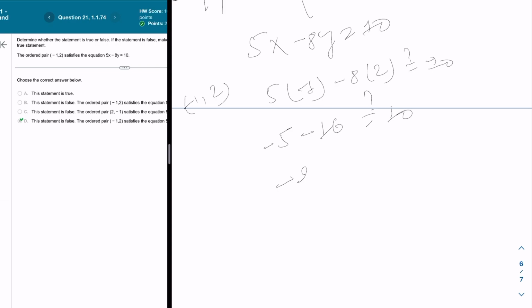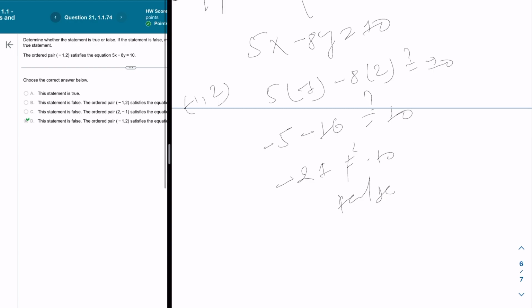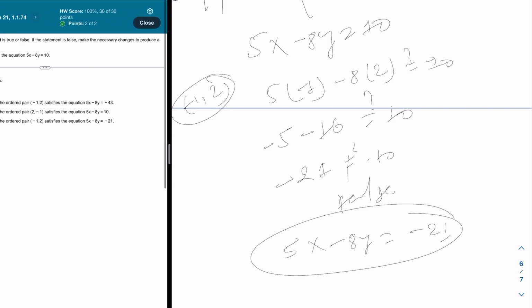Here it comes to 21, which is not equal, so this is a false statement. The other part of the question was to make the necessary change to produce a true statement. If we plug (-1, 2) into this equation, our answer is -2, 1, so this should be the last equation, which is right.